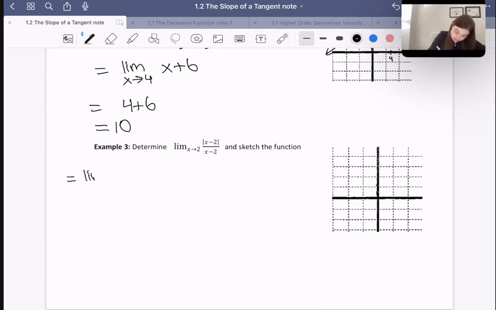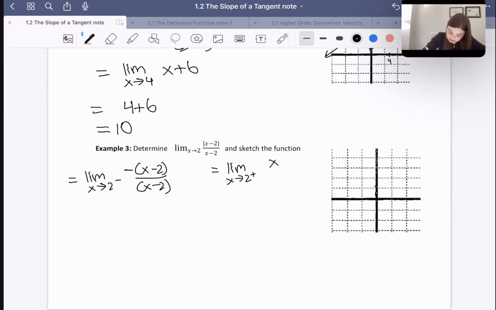Either the limit as x approaches 2 from the left, which is going to be where we have a negative, or this could equal the limit as x approaches 2 from the right, which is going to be positive x minus 2 over x minus 2, right? Because again, the absolute value function is just a piecewise function where half of it is negative and half of it is positive.